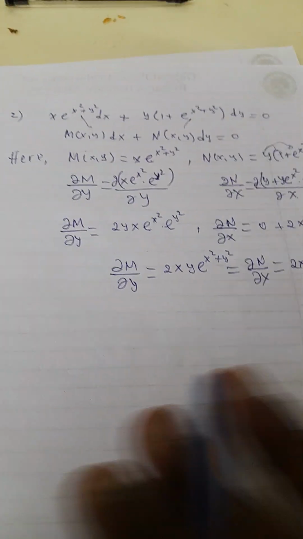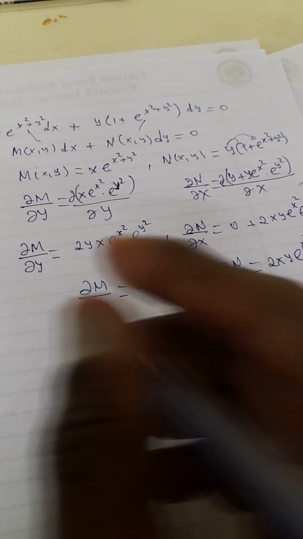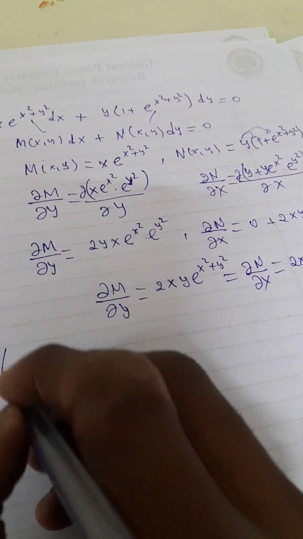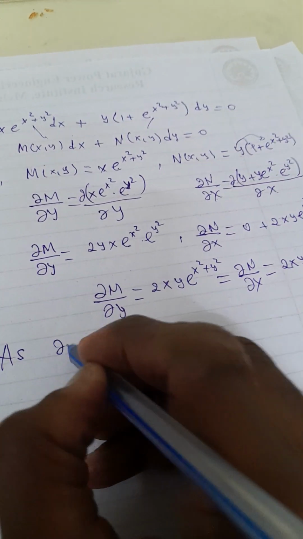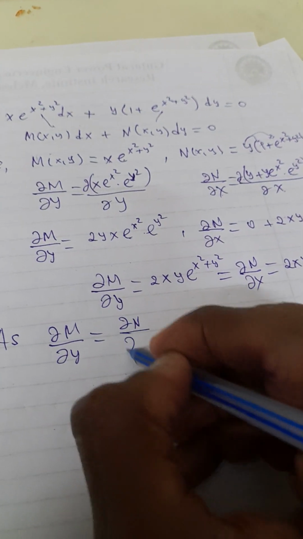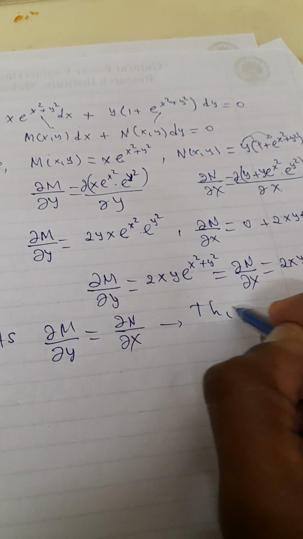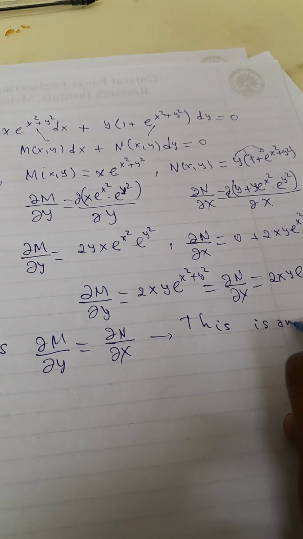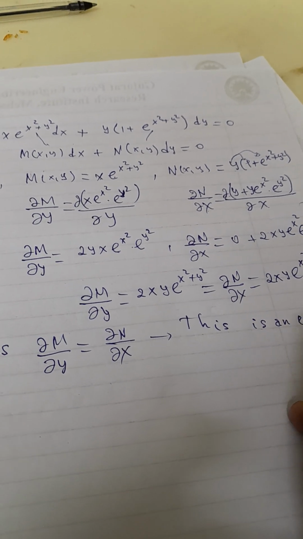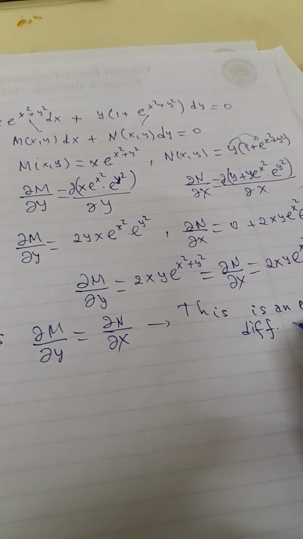If they are equal, what does it mean? It means that this function is exact, as del M del y is equal to del N del x. This is an exact differential equation.